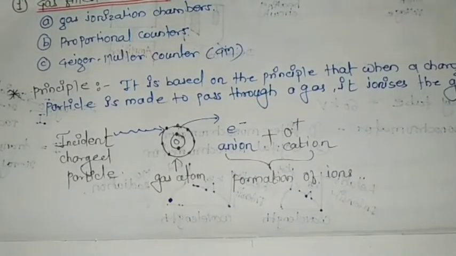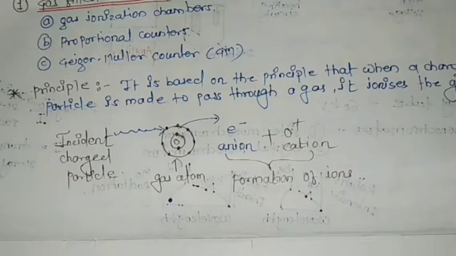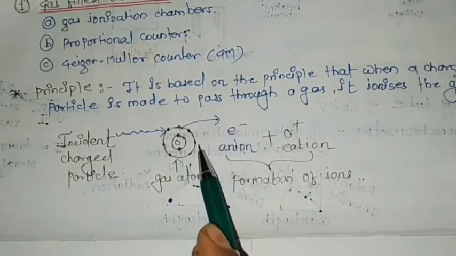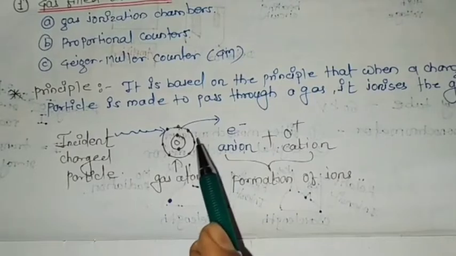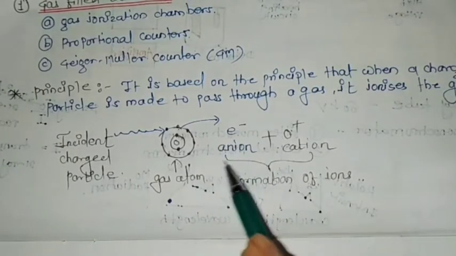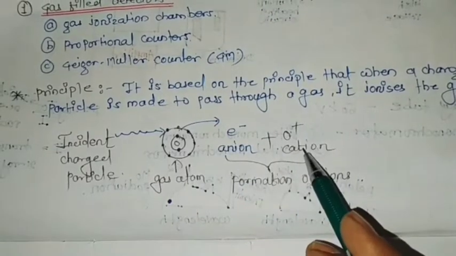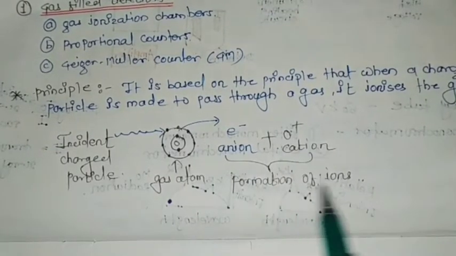If the energy is sufficient, the electrons become free from the atoms and molecules, thus creating positive ions and free electrons. That means formation of ions.